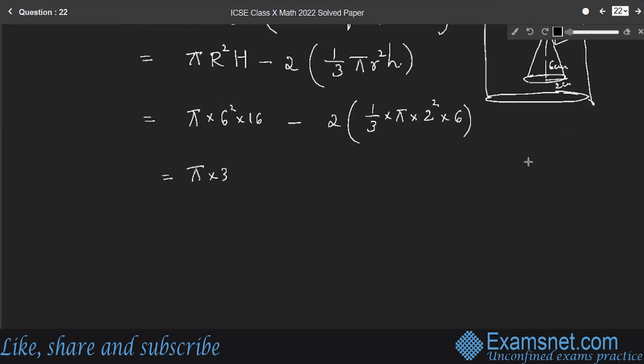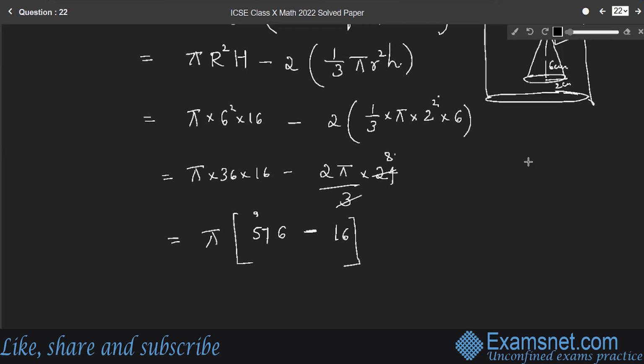So 36 into 16 minus 2 pi by 3 into 4 into 6, 24, 8. So we can take pi as common here, 36 into 16 is 576, minus 16.